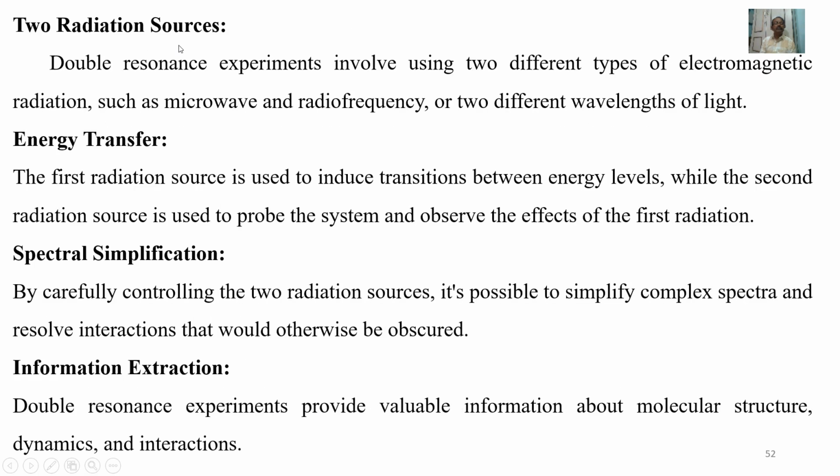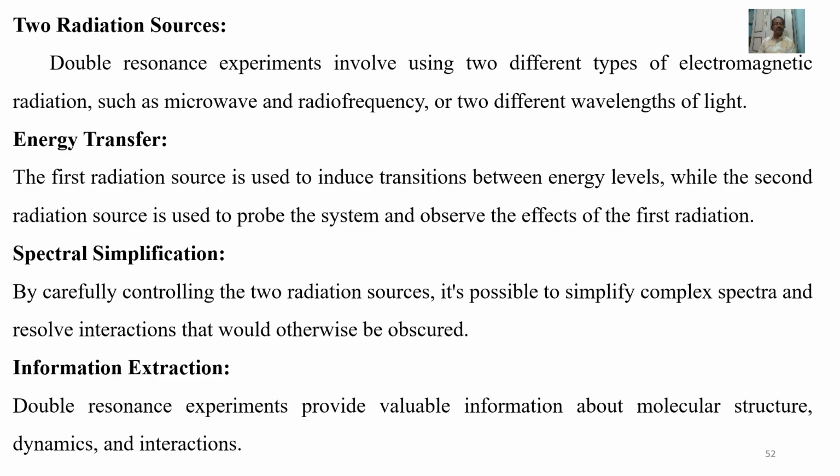Two radiation sources: double resonance experiments involve using two different types of electromagnetic radiation, such as microwave and radio frequency, or two different wavelengths of light. Energy transfer: the first radiation source is used to induce transitions between energy levels, while the second radiation source is used to probe the system and to observe the effects of the first radiation.